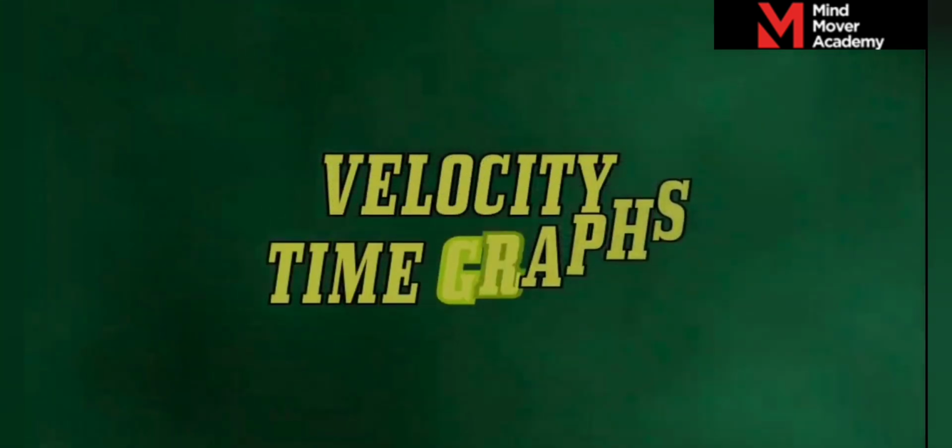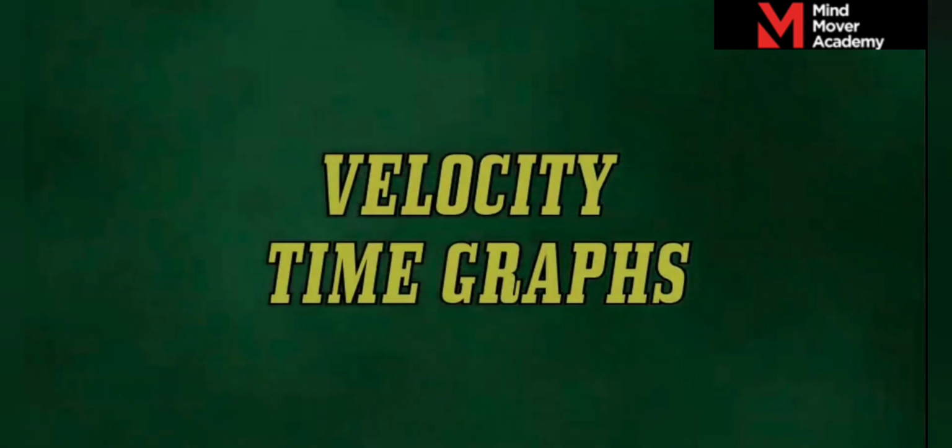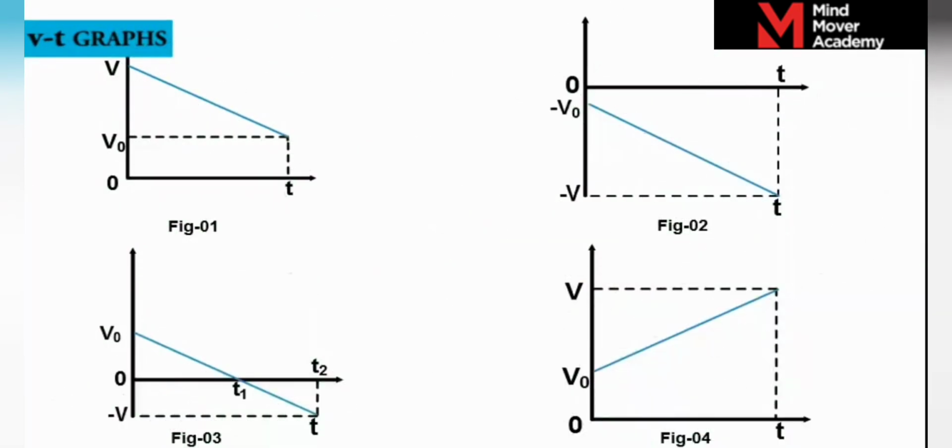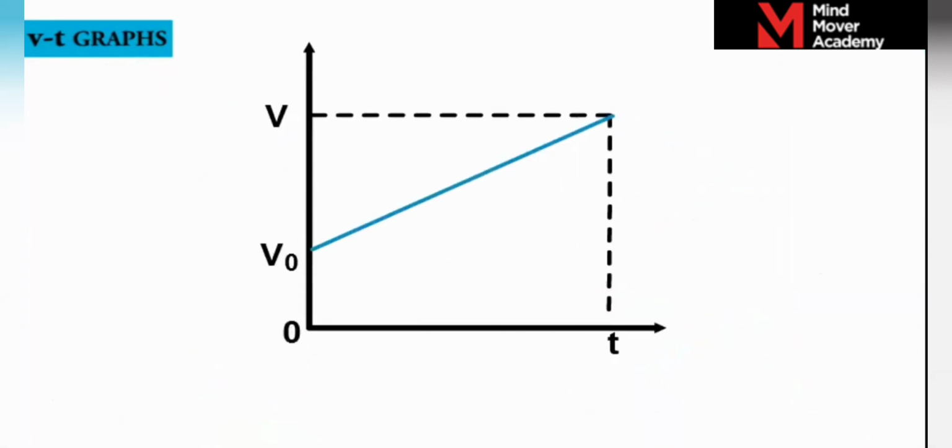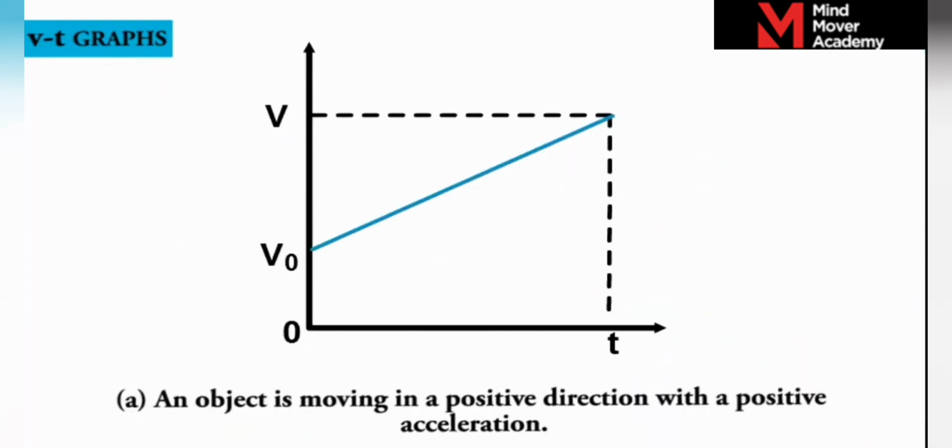Velocity time graphs. Let us see how the velocity time graph looks like for some simple cases. A. An object is moving in a positive direction with a positive acceleration.